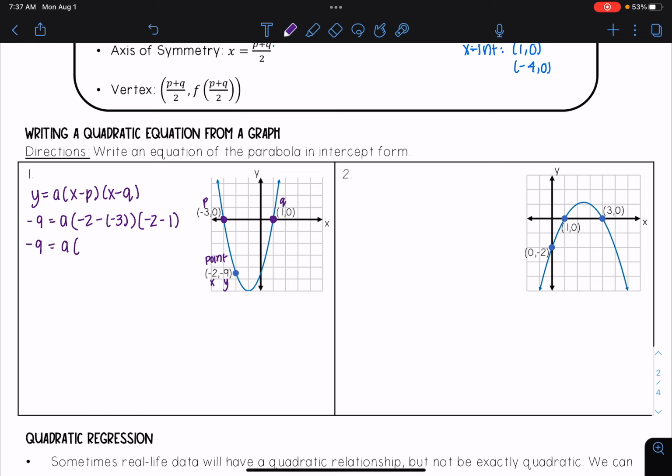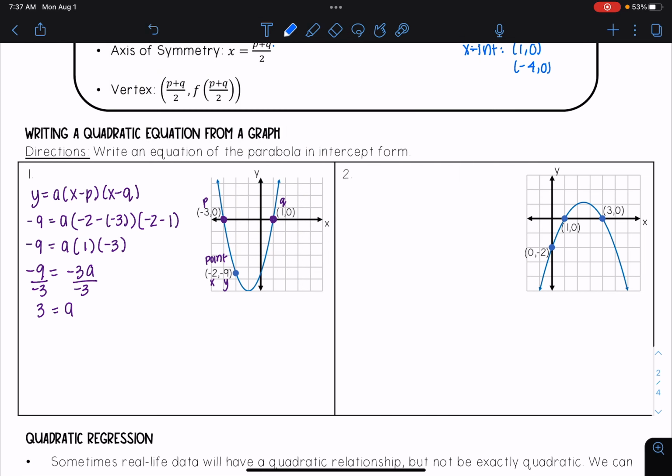Well, negative 2 minus negative 3 is the same thing as saying negative 2 plus 3, which is 1. And then negative 2 minus 1, I get negative 3. So I have negative 3a. Divide both sides by negative 3, and I get that a is equal to 3.